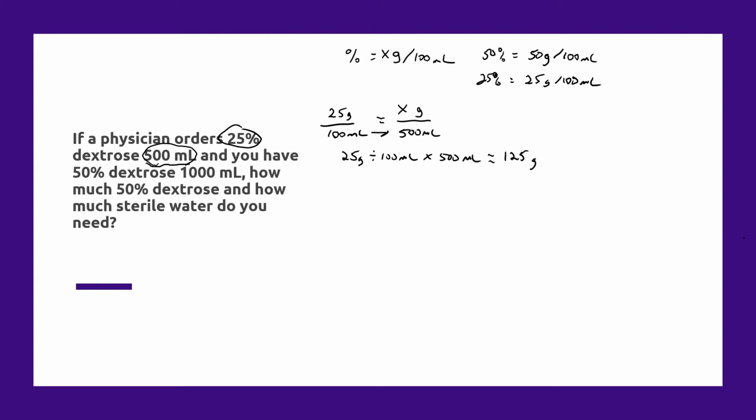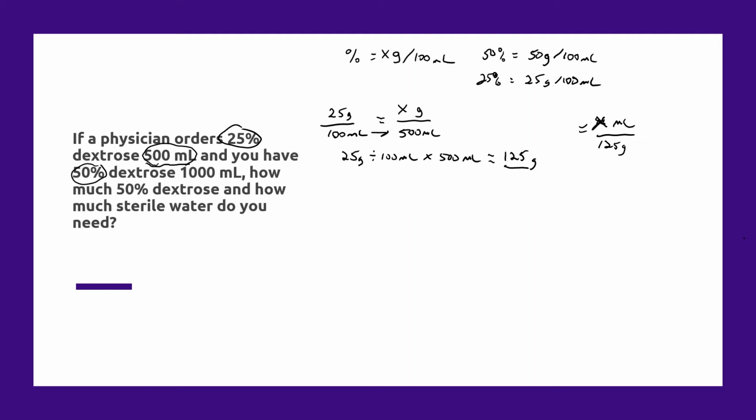Now, what we have on hand is 50% dextrose. So we need to figure out how many milliliters of that 50% dextrose are going to give us 125 grams. To figure that out, we set up another proportion with what we're trying to solve for in the numerator on the right. This time it's going to be milliliters. So how many milliliters is going to supply 125 grams?